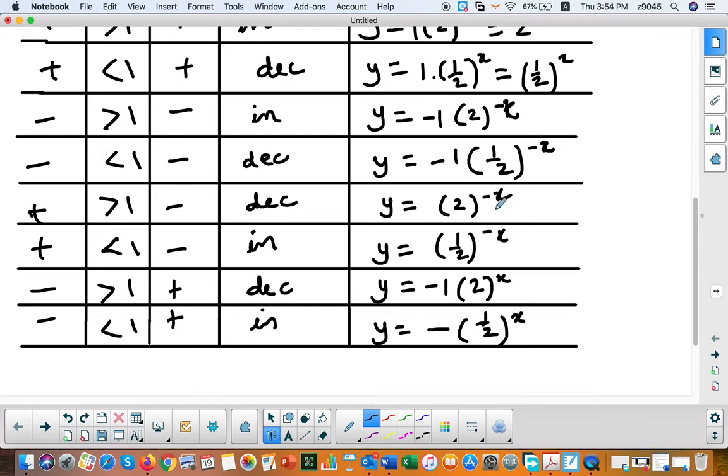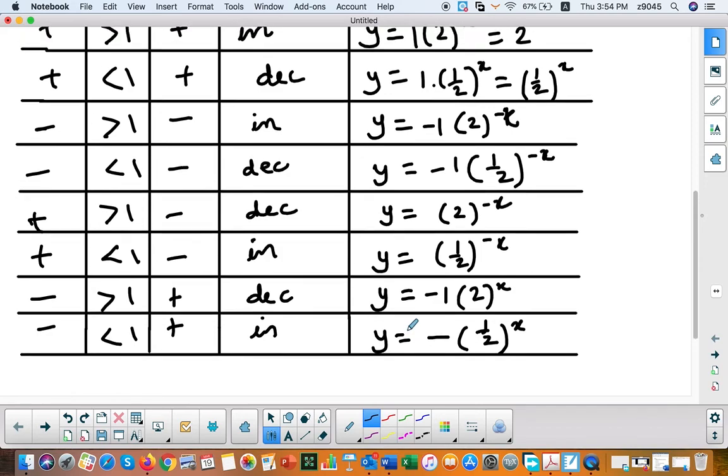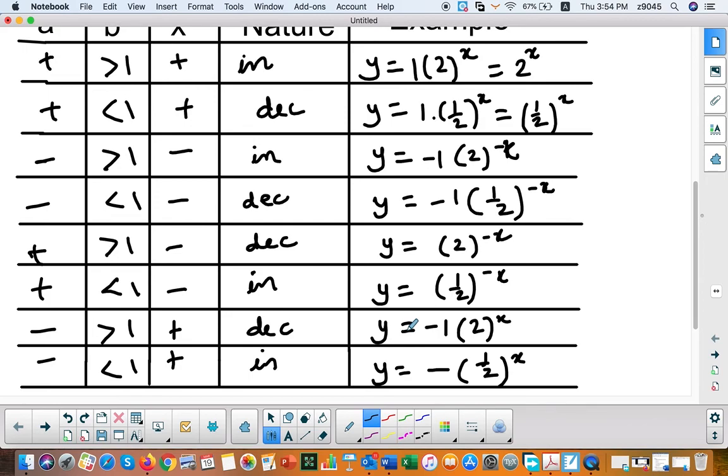So these are some examples of graphs which are increasing and decreasing depending on the nature of a and x, and it is much easier if we have this key in our mind, so that by looking at the equation only, we can make out whether the graph is increasing or decreasing.